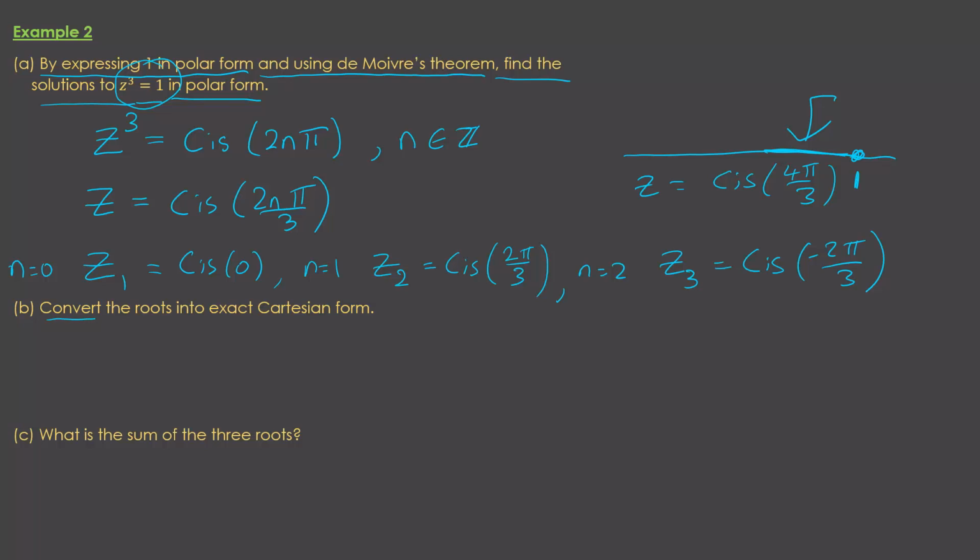We're asked to convert these into exact Cartesian form, where clearly z1 is just 1.